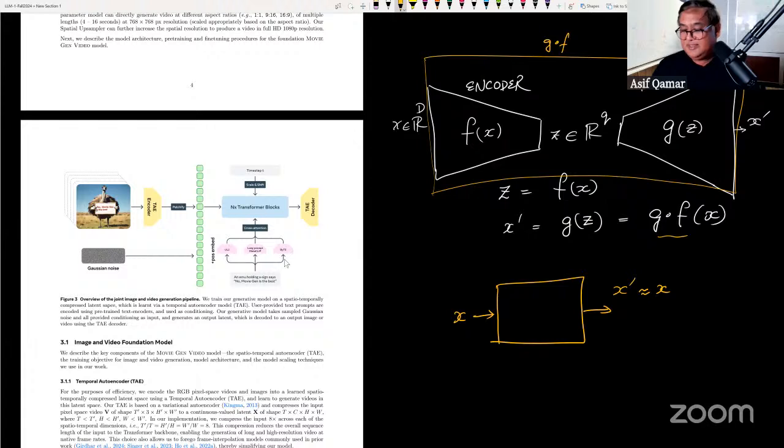And inside it, you can put some sort of a network, a neural net. What is the easiest way a neural network can do that? It can just learn to copy things over, isn't it?